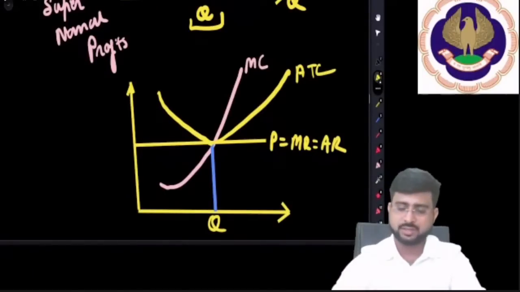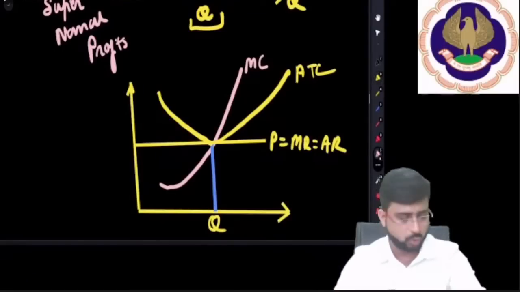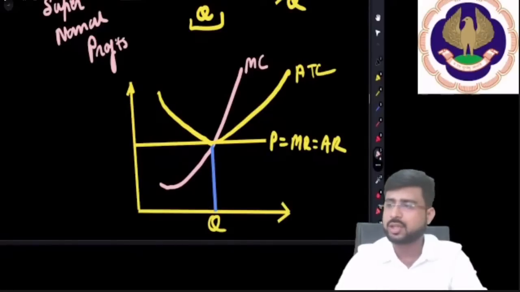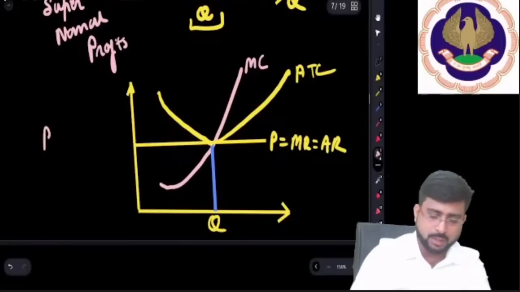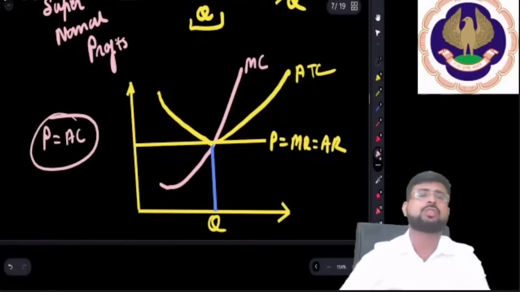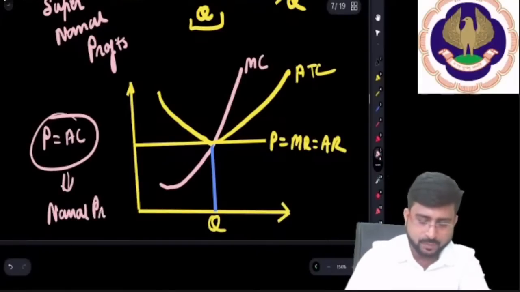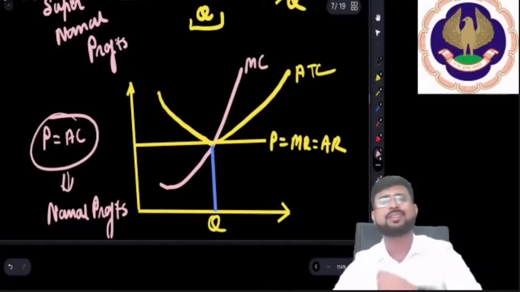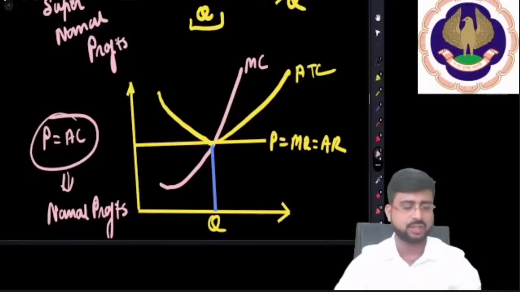When you find average total cost and this quantity level, price is equal to average total cost. That's what represents normal profits.